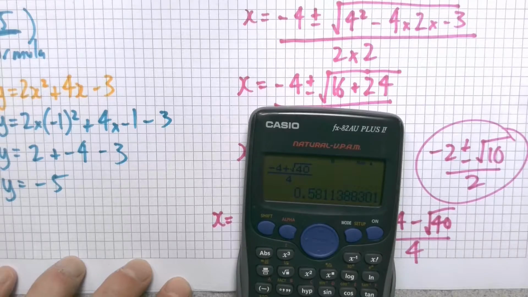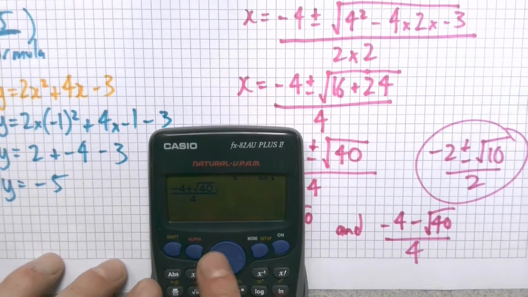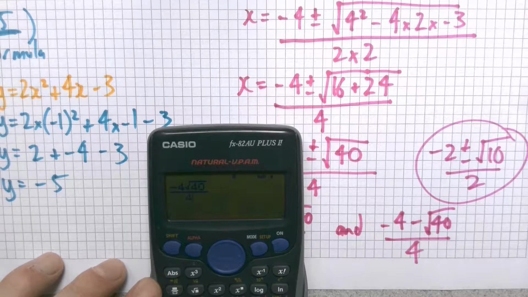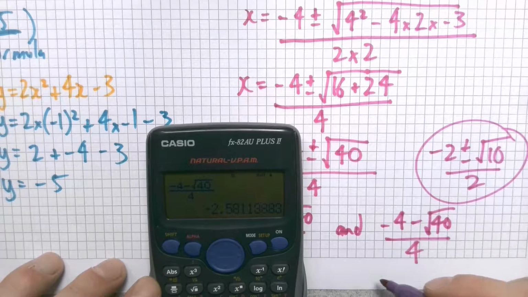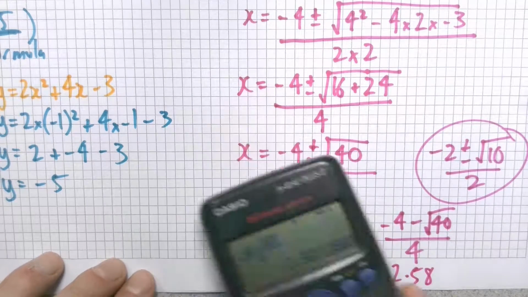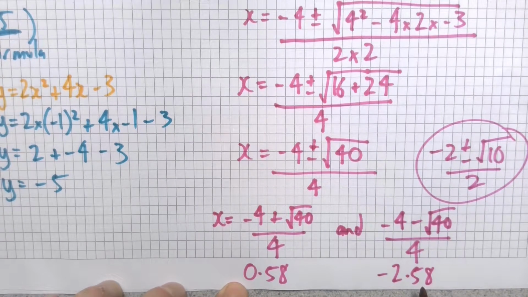And for this one, it's the same, but instead of plus square root of 40, it's subtract square root of 40, which gives me a value of negative 2.58 approximately. Okay, so that gives you the two x-intercepts.